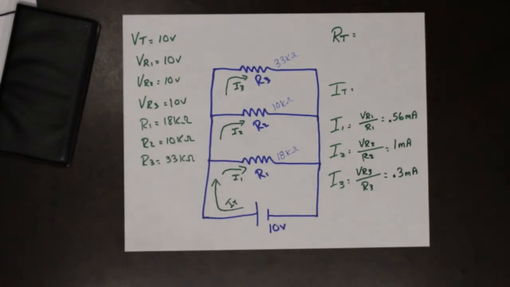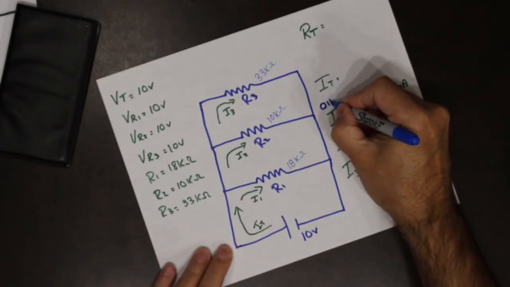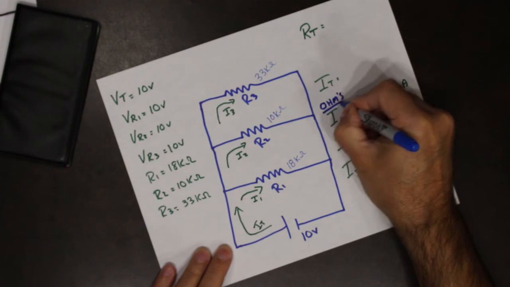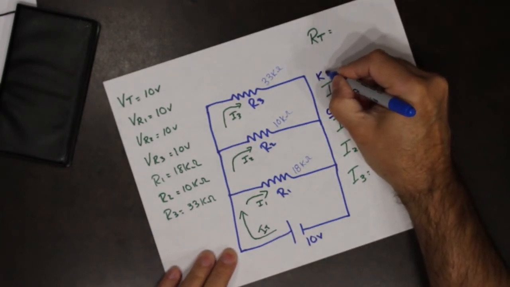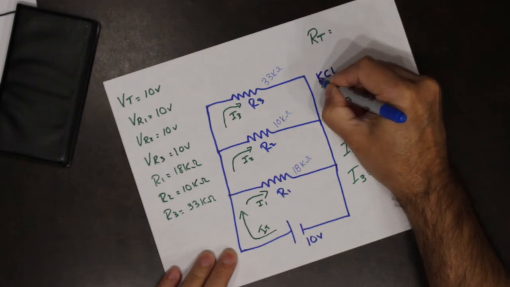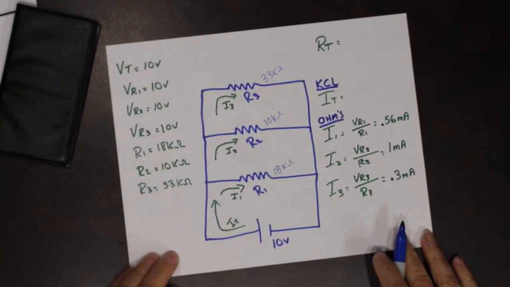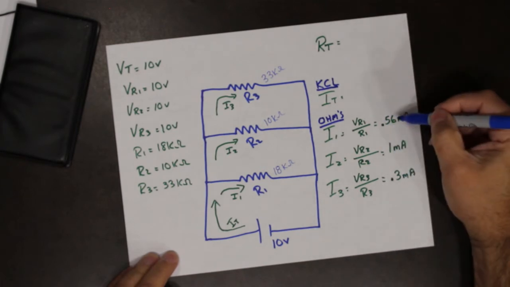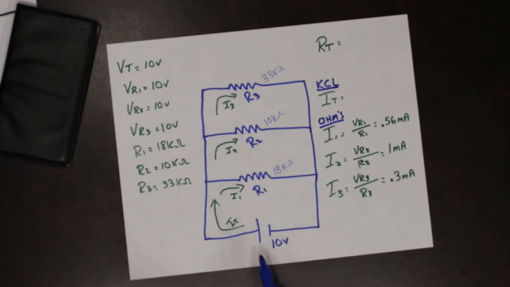So we solved these ones using Ohm's law. I total, we're going to use Kirchhoff's current law. Kirchhoff's current law says that if we add up all of the individual currents, we will get to the total.